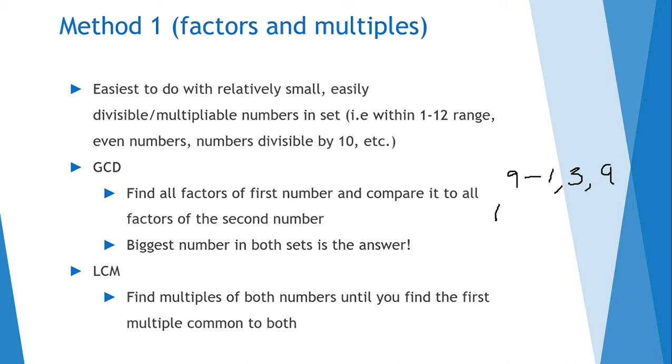For 15, 1's a factor, 3's a factor, 5 is a factor, and 15 is a factor. And we'd want to find the biggest number that's in both of these sets. Since 3 is the only number common in both of these sets, I'll circle it to show the GCD of 9 and 15 would be 3.